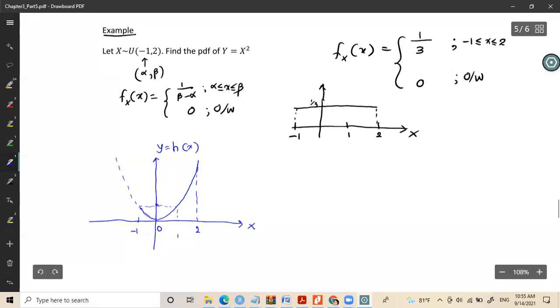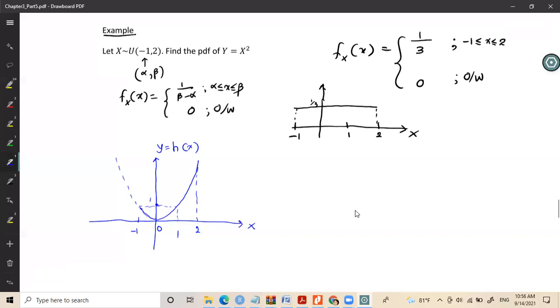Now, what is the problem with this function? Now you can find this point when x is 1. So when x is 1, what is y? 1 square, it is also 1, right? So here's the behavior of our function. Now, what do you see in this function? Is it strictly monotonic?